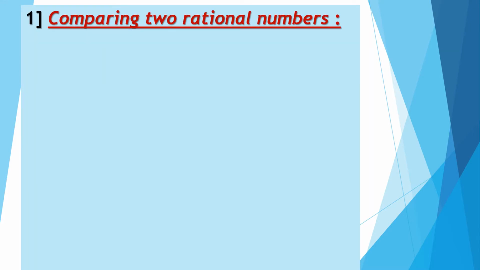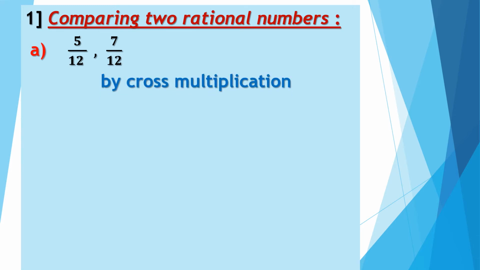Comparing two rational numbers. The first example, we have here 5 over 12 and 7 over 12. We want to know which one is greater than the other, okay? By cross multiplication, as we studied before in grade 4, let's see.